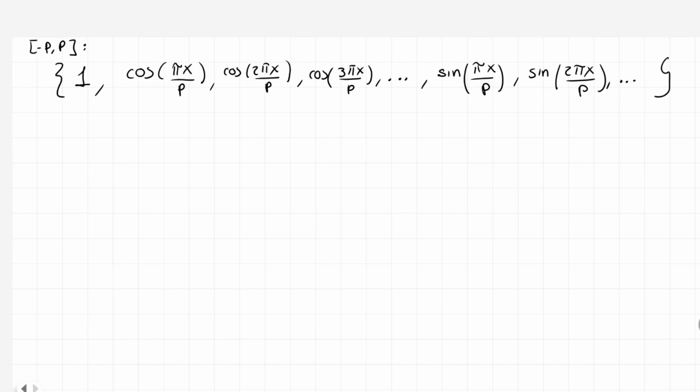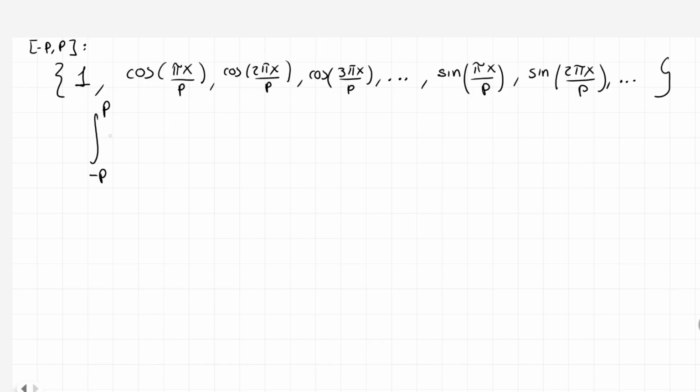To prove that, we are going to take, for example, the integral from negative p to p of two elements of this set, like the inner product we introduced in that video.